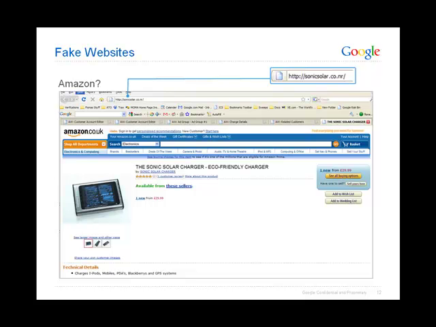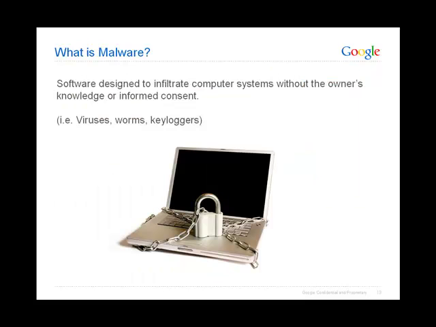The purpose of these look-alike sites is not just to obtain personal details via information entered onto the website. In some cases, just by going to the website, a program called malware is installed automatically onto your system. Malware is software designed to infiltrate computer systems without the owner's knowledge or informed consent.